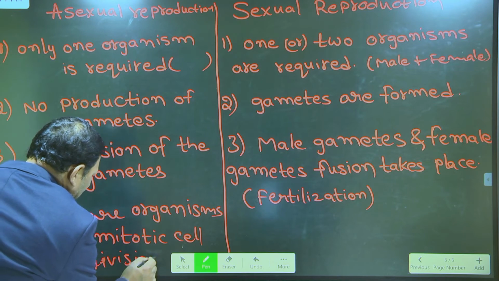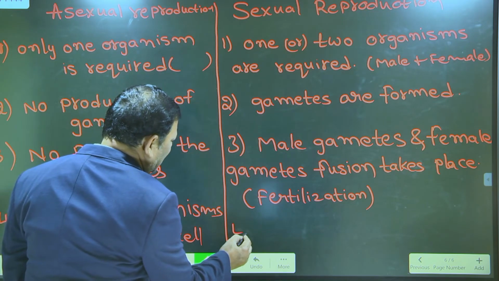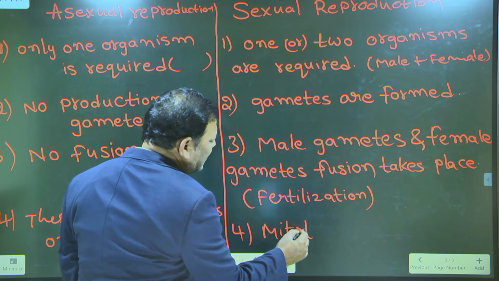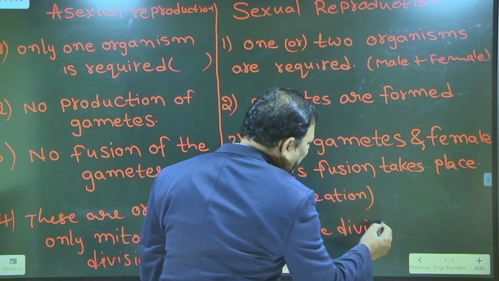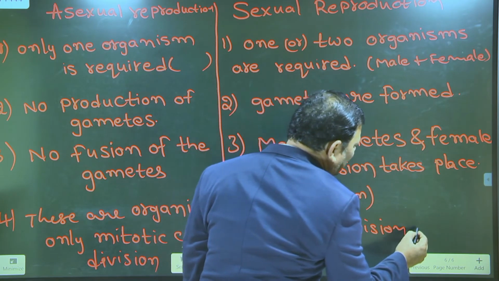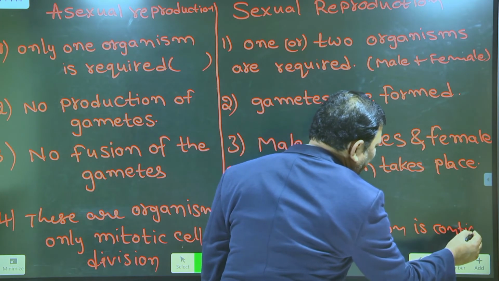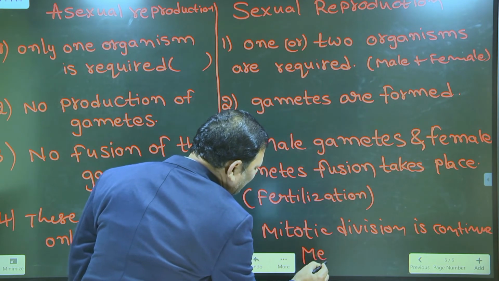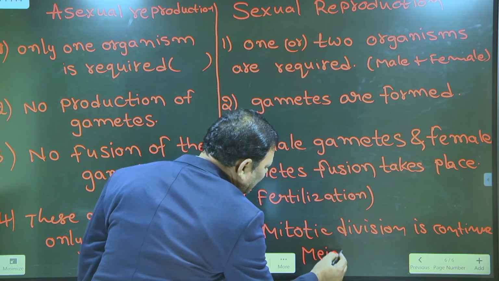Here, in sexual reproduction, mitotic division continues through meiotic division.